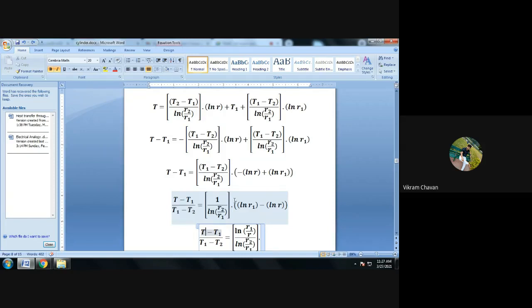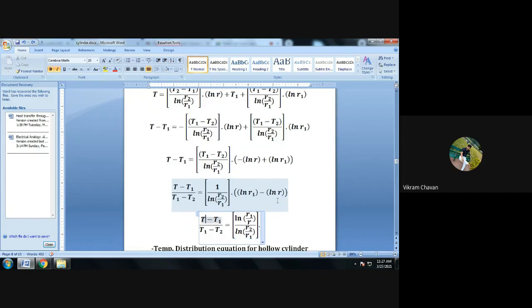We applied the logarithmic rule for ln of R1 minus ln of R, so that we get the temperature distribution equation for a hollow cylinder, that is (T minus T1) whole divided by (T1 minus T2) is equal to ln of (R1 divided by R) whole divided by ln of (R2 divided by R1).